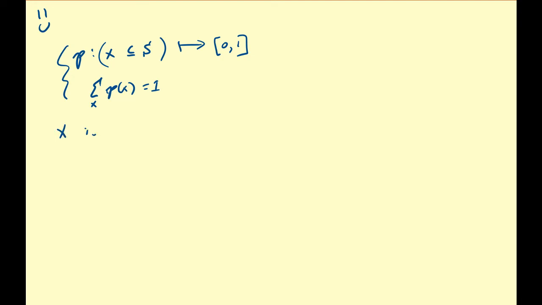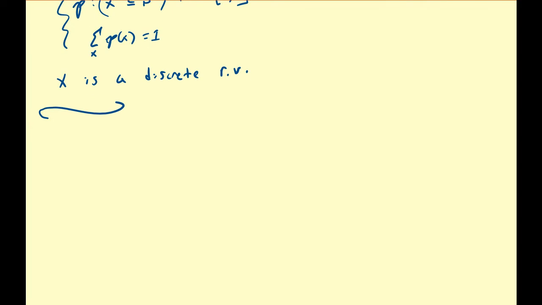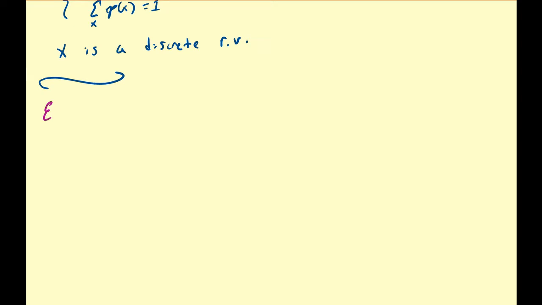And here x is a discrete random variable. So in this video we're going to talk about a really important property of the discrete random variable with associated probability mass function p, and that is called the expected value. So the expected value of a discrete random variable is given as follows.